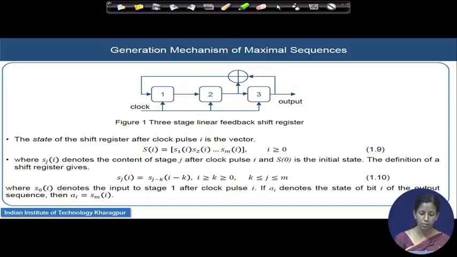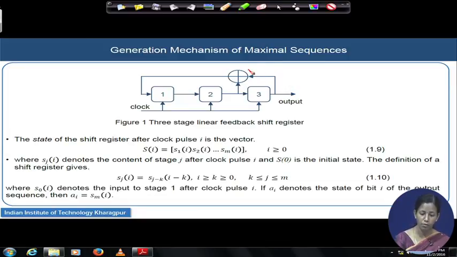We discussed that we have a 3-stage linear feedback shift register, where there are 3 memory stages, and the outputs of stage number 3 and stage number 2 are added. This is a modulo 2 operation, which is basically an XOR operation.